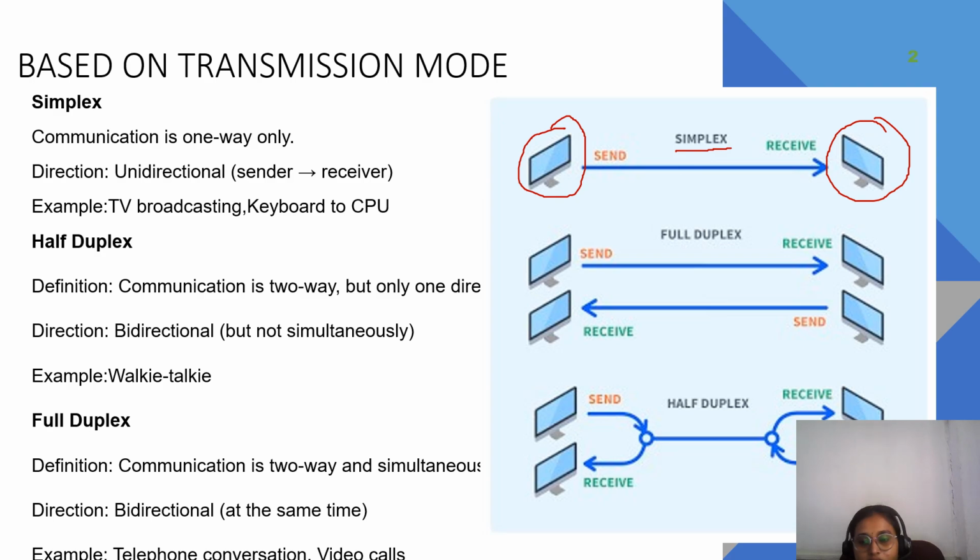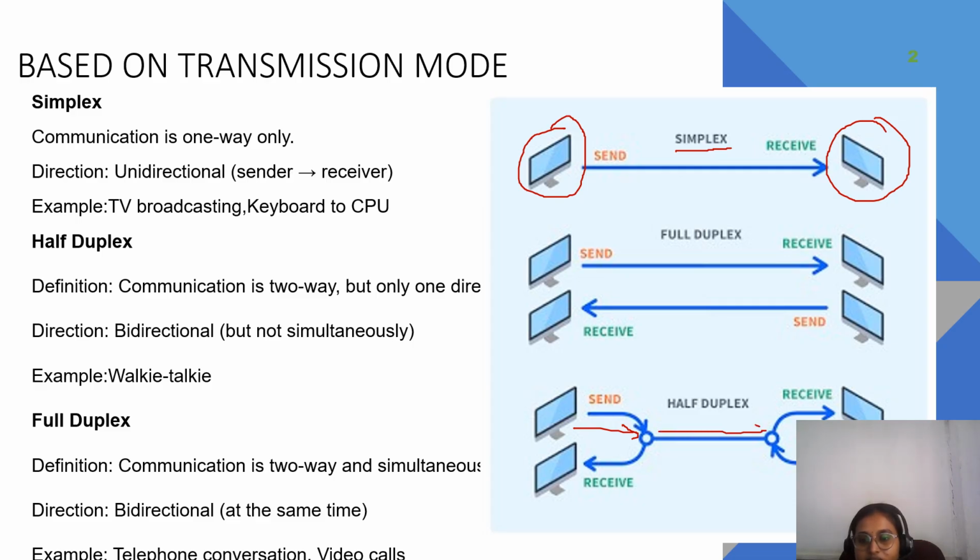Next, we have the half duplex method. In the half duplex method, communication is two-way, but only one direction is possible at a single time. We call it bidirectional, but not simultaneous. We can take the example of a walkie-talkie. In half duplex, the sender is sending the data and the receiver is receiving the data.